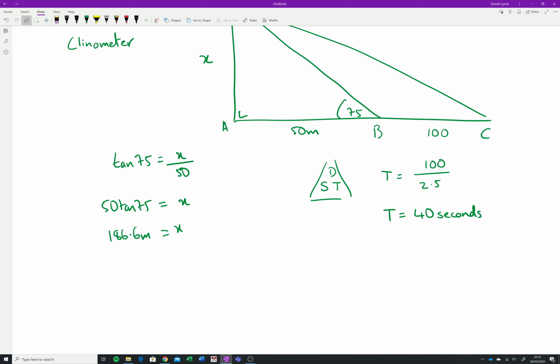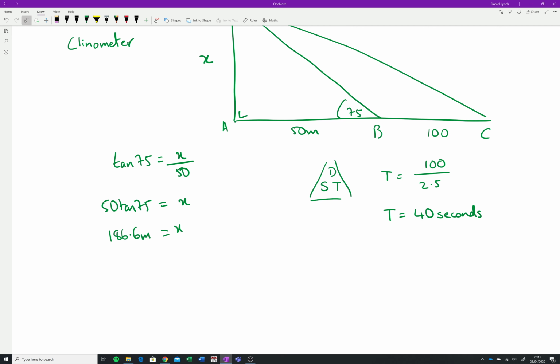Sam thinks that because the point C is 3 times further away from the base of the cliff than B, then the angle of elevation will be 1/3 of that. Do we agree with him? Of course we don't agree with him.